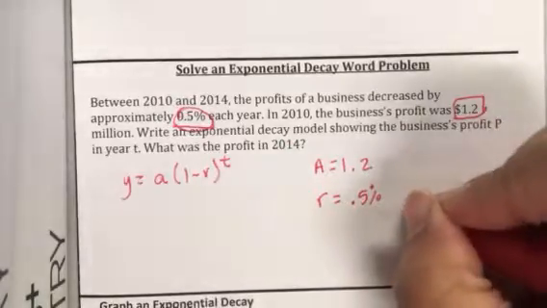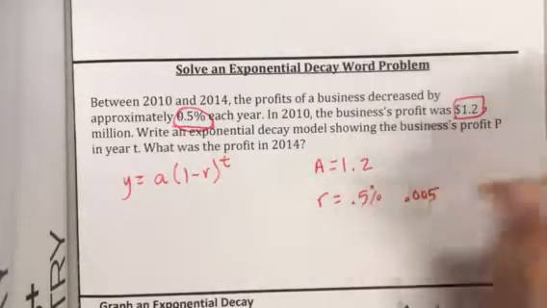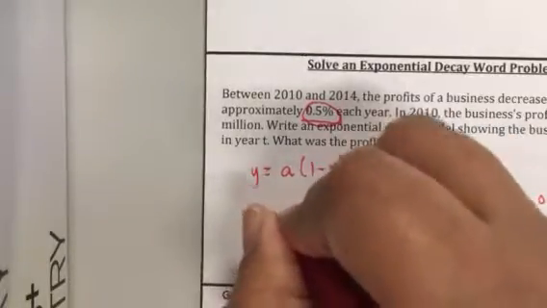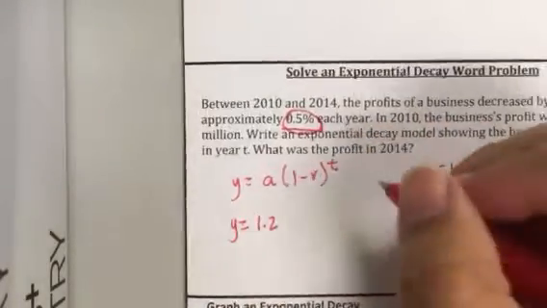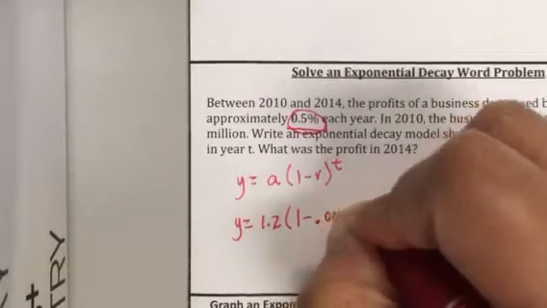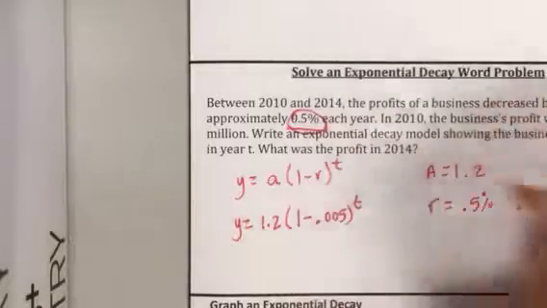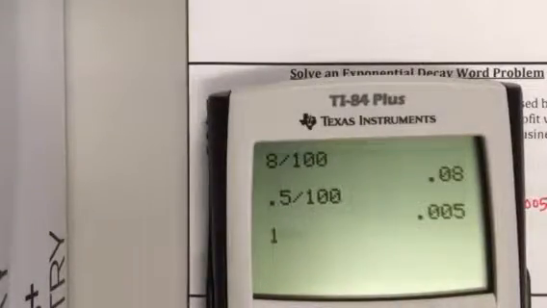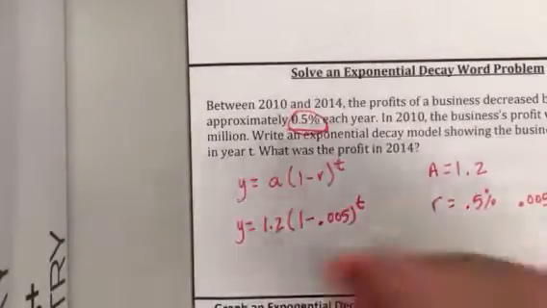So this is the number that we'll be using. And now we're going to plug it in. So y equals 1.2 million times 1 minus 0.005. Okay, so when we subtract those two, I get 0.995.